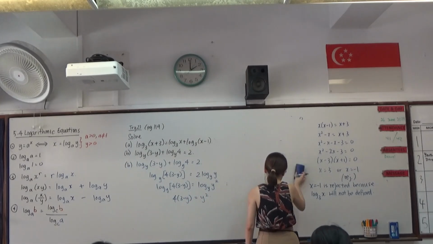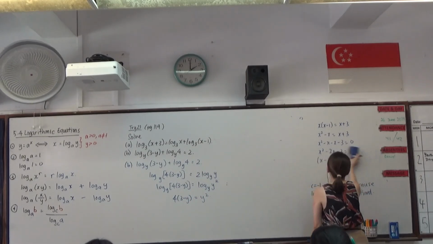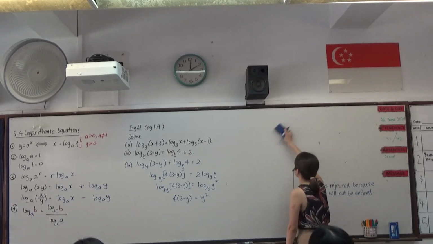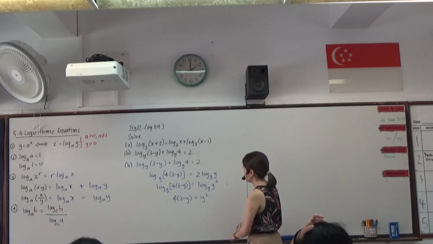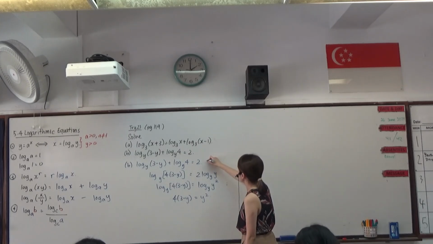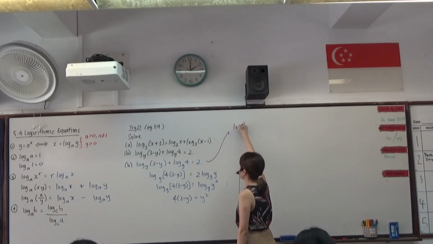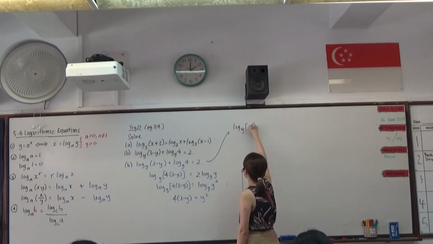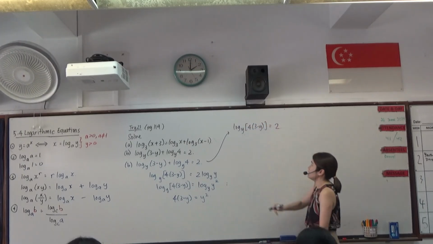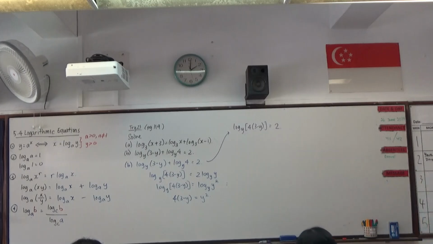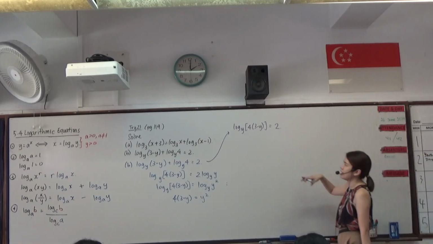But I just thought of an alternative. Do we really need the log y base y? No, right? Why? From here, I still need to do the combining. Even if I don't introduce the log y base y, I can change it into index form.